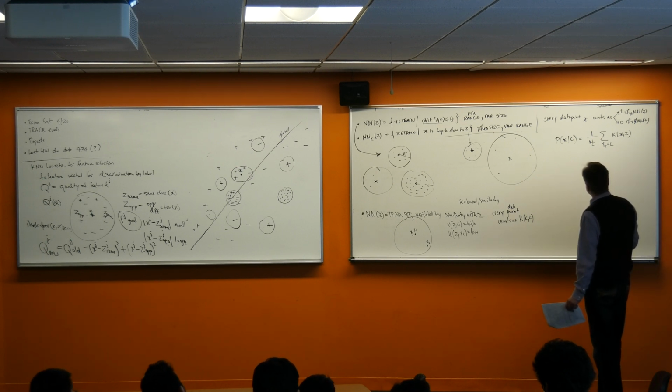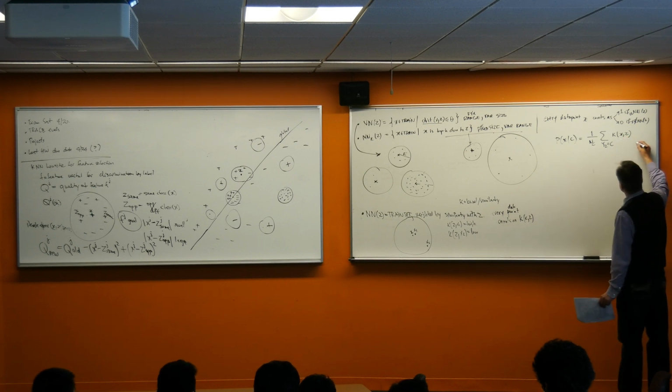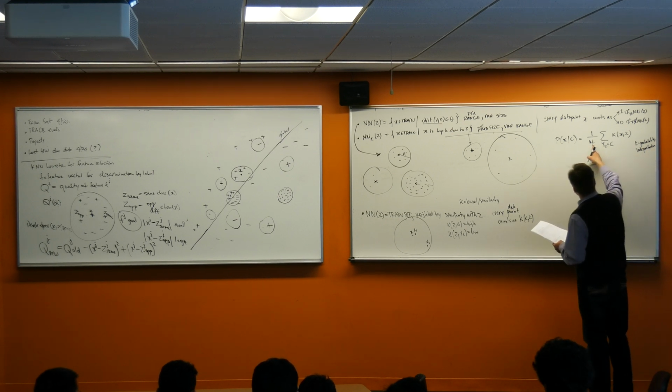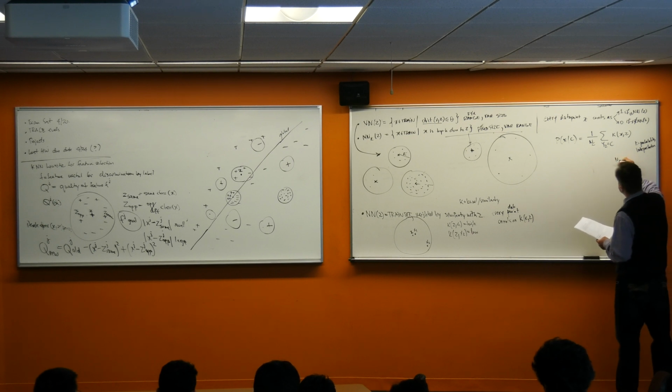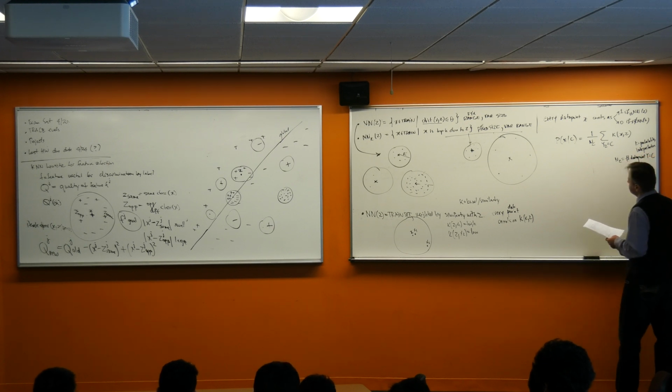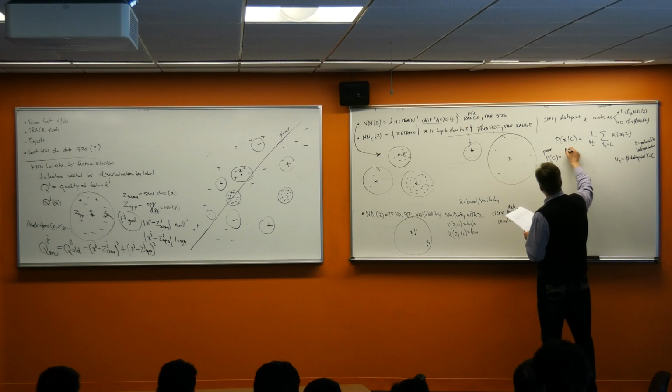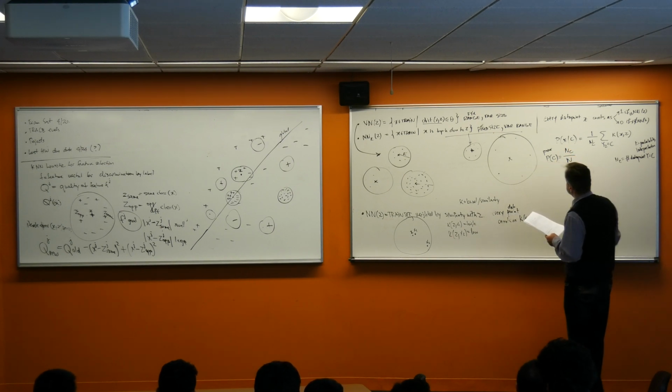So we have to assume something about k here, and some probability interpretation. This NC is the number of data points in that class. So the probability of the class, that's a prior, is NC divided by N. N is the total.